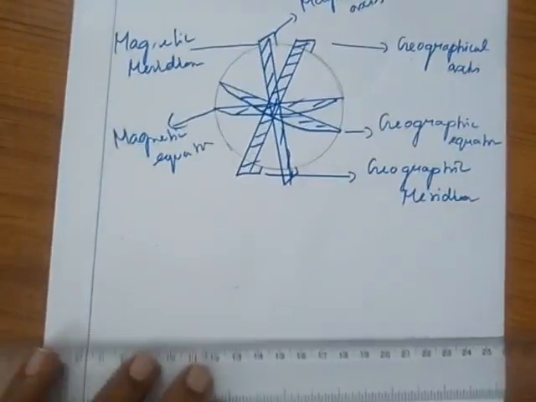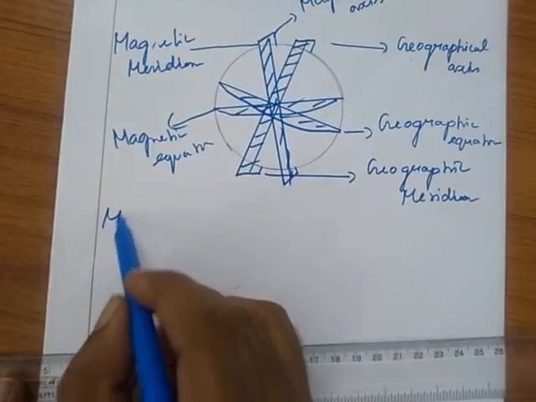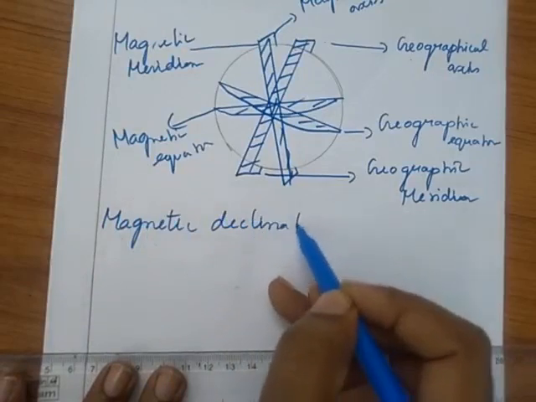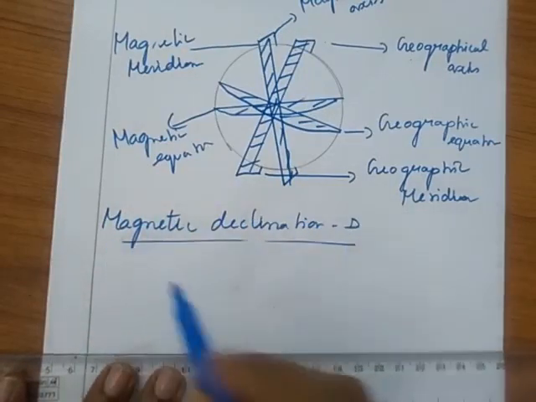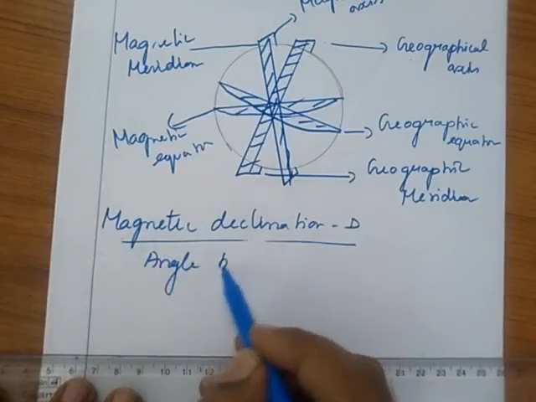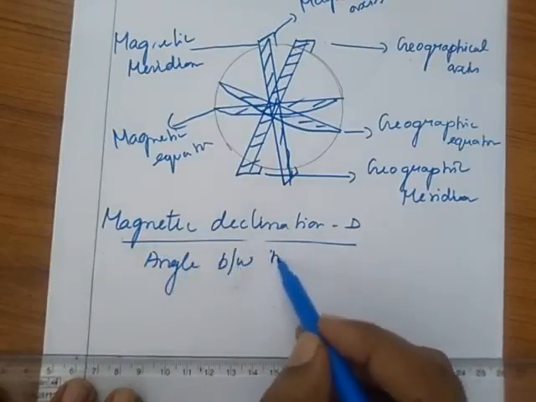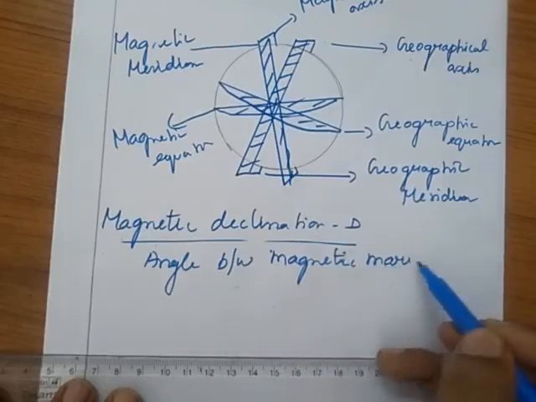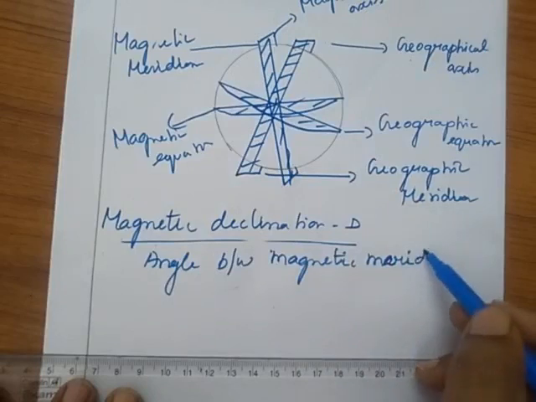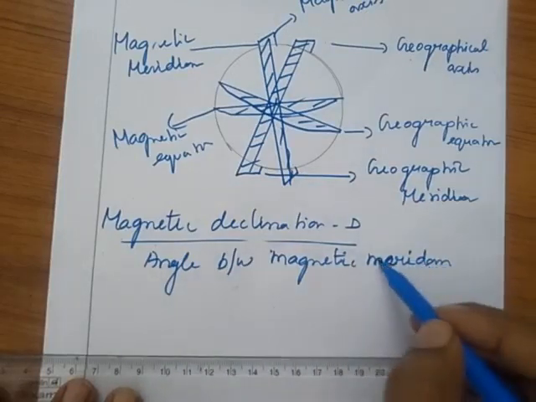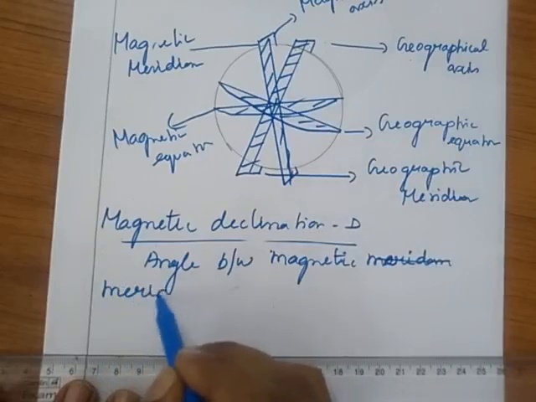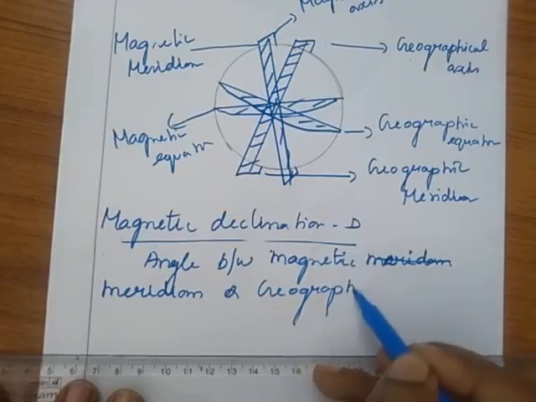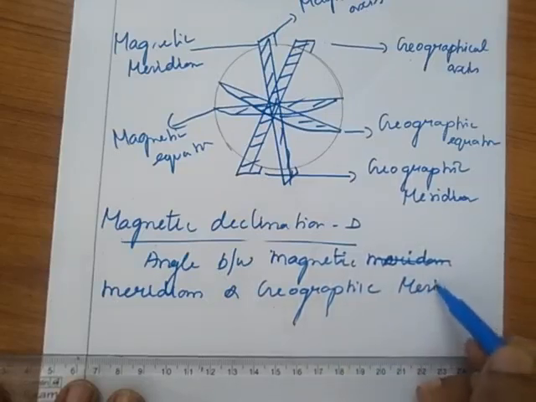We can easily define it: magnetic declination, represented as D, is the angle between the magnetic meridian and the geographic meridian.